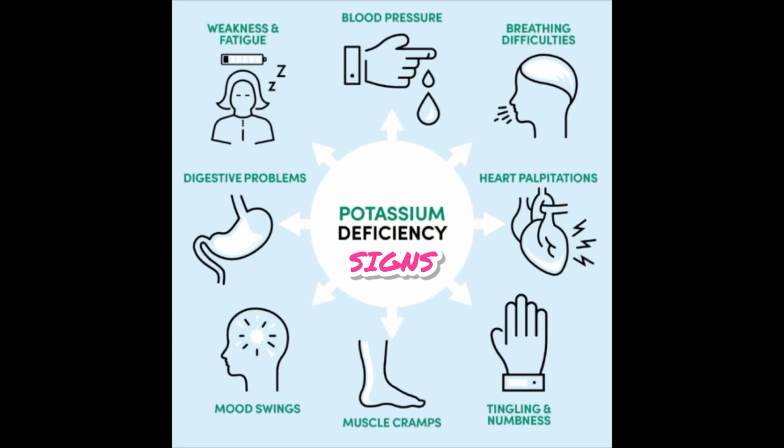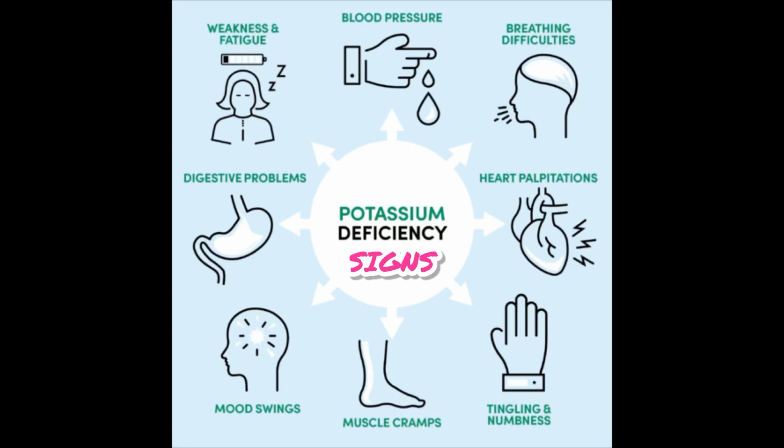The blood pressure will decrease, that is, low blood pressure. Then the patient has difficulty in breathing, and heart palpitations are there. The patient also suffers from tingling and numbness, and always complains that they have a tingling and numbness sensation. Then muscle cramps, and the patient's moods also change. Sometimes they are happy, sometimes sad, so mood swings are always there.